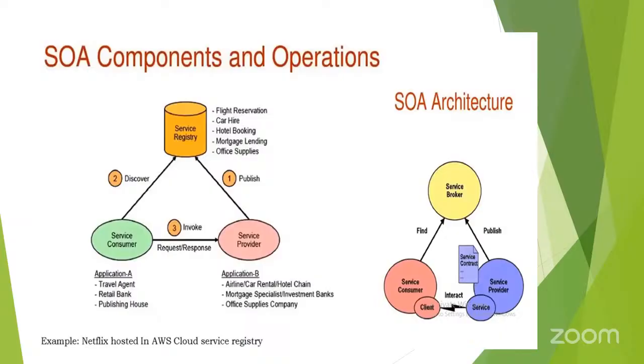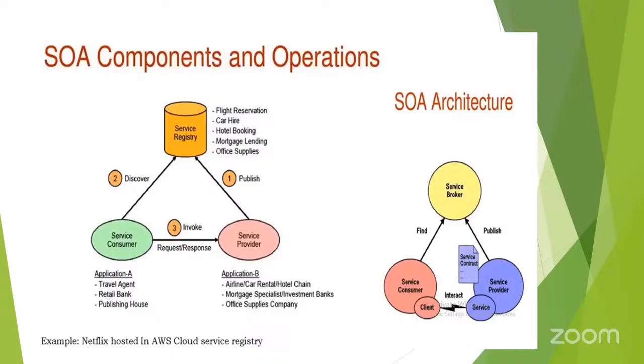For example, Netflix uses the AWS service. AWS service is used by Netflix as well as Amazon Prime. Both are using the services of Amazon. So if Netflix is an app developed by an end user, that is the service provider. The service provider has developed a Netflix app and wants to advertise it.